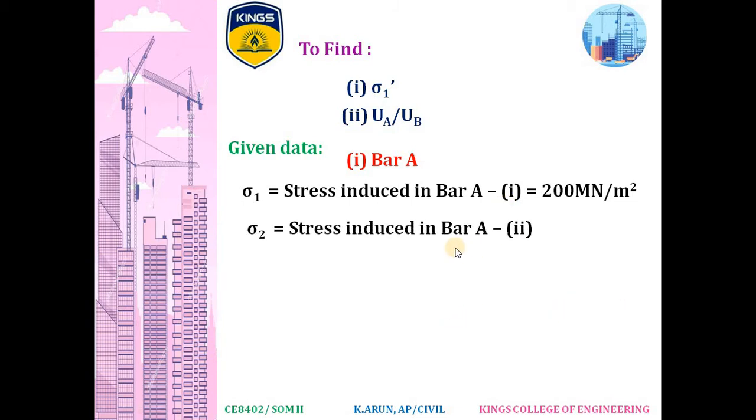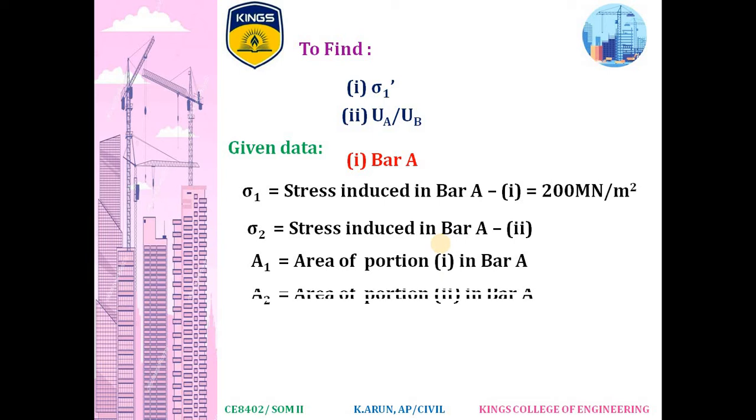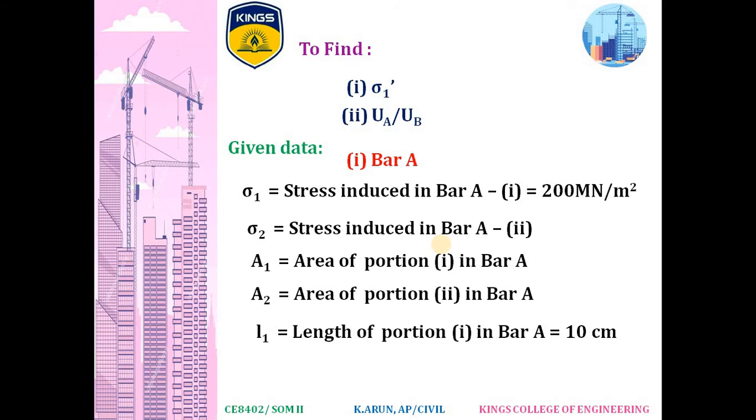Sigma 2 is the stress in bar A for portion 2. A1 is the area of portion 1 in bar A, and A2 is the area of portion 2 in bar A. L1 is the length of portion 1 in bar A, which is 10 cm, and L2 is the length of portion 2 in bar A, which is 20 cm.